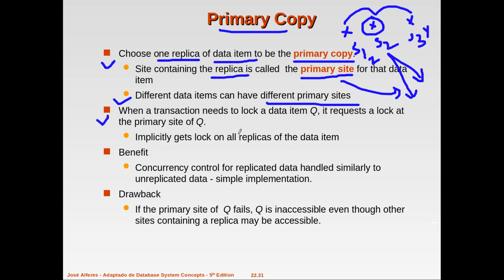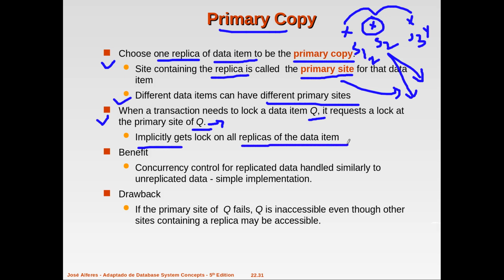Now when a transaction needs to lock a data item Q, for example, it requests a lock at the primary site of Q. From any site, the request for lock will be sent to the site where the primary copy of that particular item resides. After that, it will implicitly get locks on all replicas of the same data item.